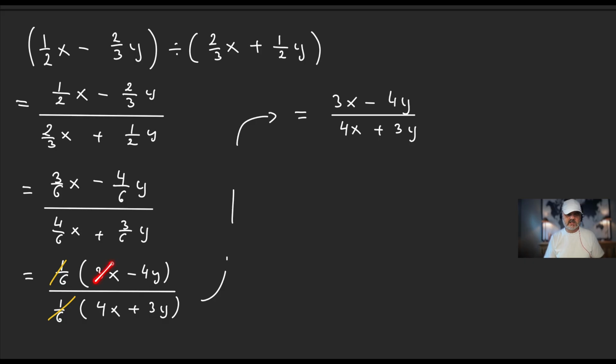Again, this 3 and that 3 cannot be cancelled, so do not make that silly mistake. You cannot cancel like that. If you did, then you can test it always with numbers and see that that doesn't make sense.